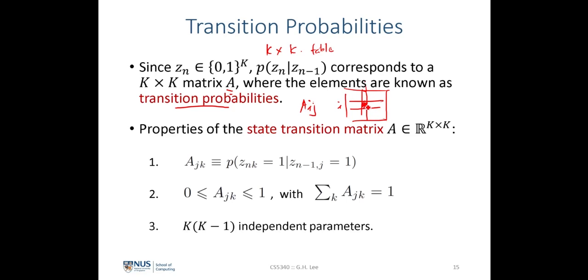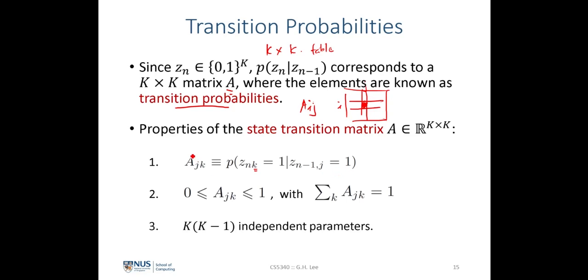So the entry Ajk in our transition matrix is going to describe the probability that Znk is going to be 1. This means that Zn is going to take a state of k, conditioned upon Zn minus 1 taking a state of j over here.